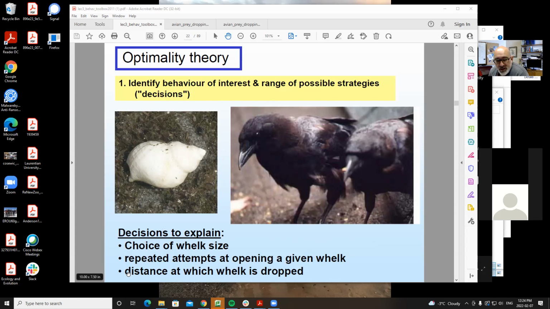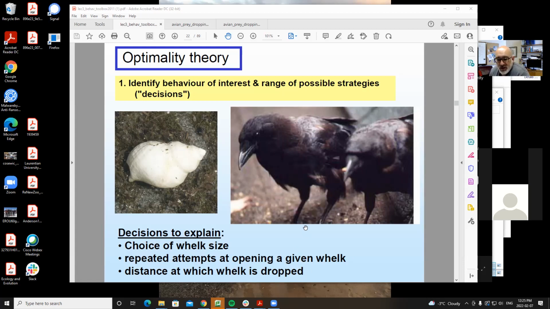They have to decide how high to fly, and there's energy associated with that. I should say that there's a benefit, obviously, in what they're feeding on, the whelk. So there's food, but there are costs, including how many times they fly and drop the whelk and how high they fly up. Both of those take energy.